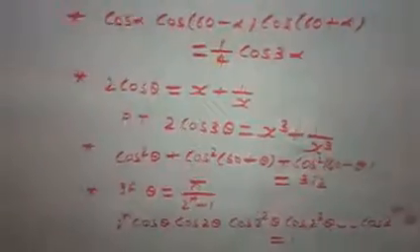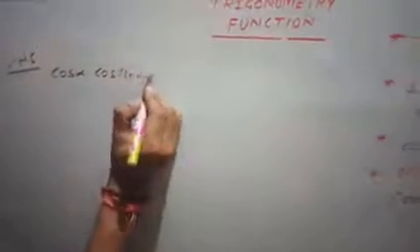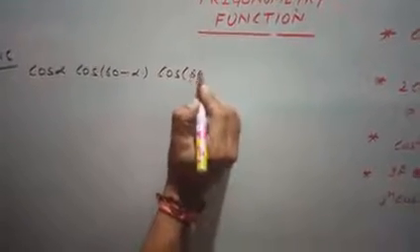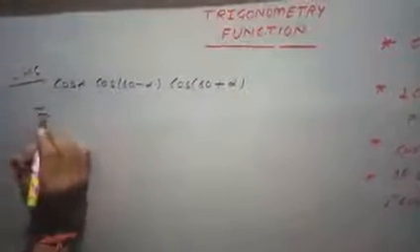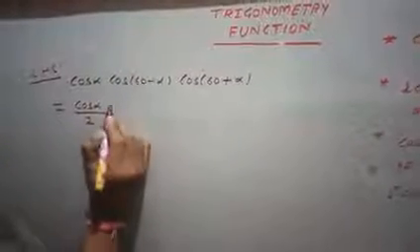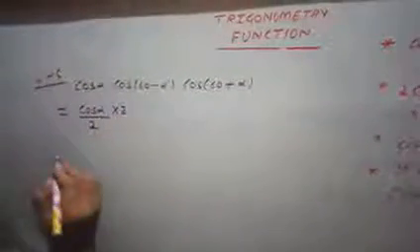So if we take the left hand side, that is cos alpha into cos(60 minus alpha) into cos(60 plus alpha). So here we can divide and multiply cos alpha with 2.